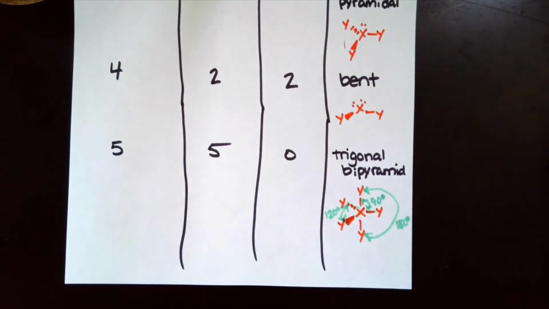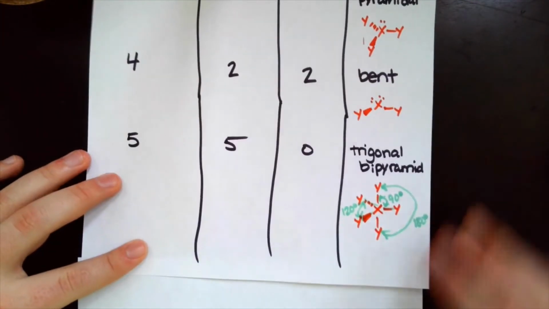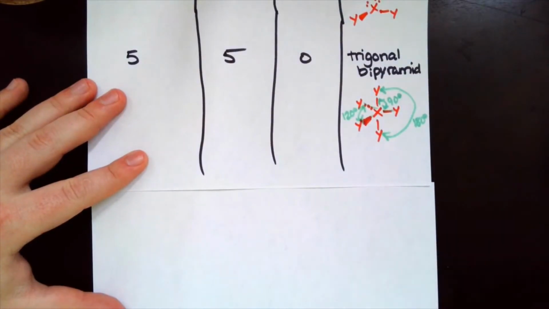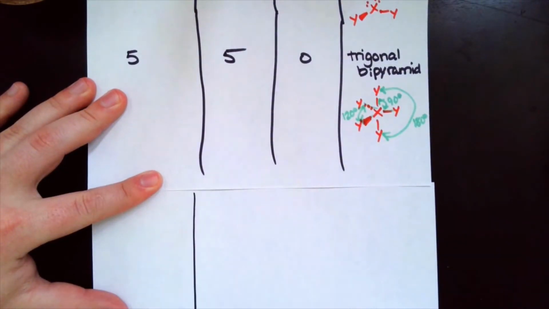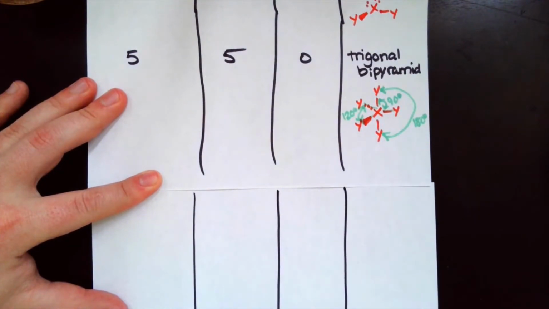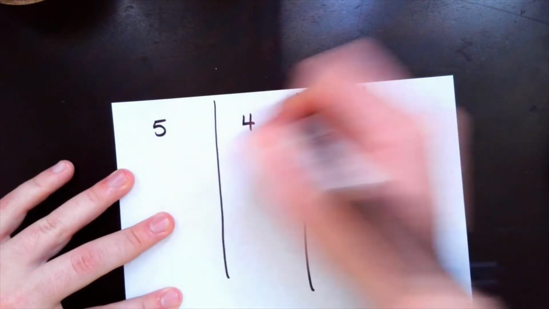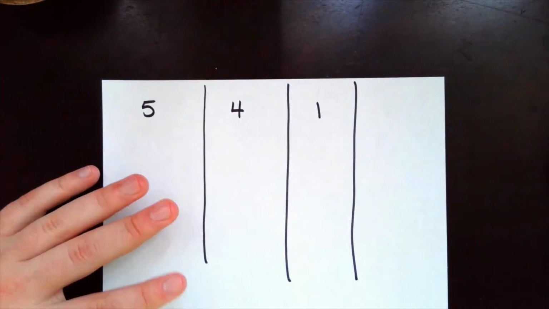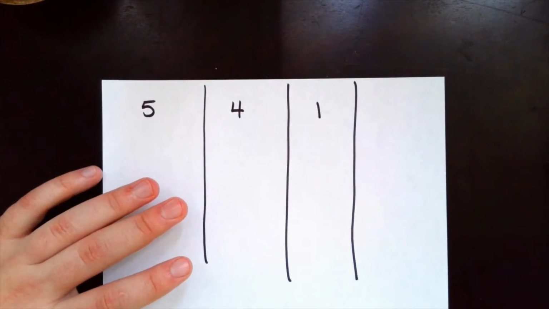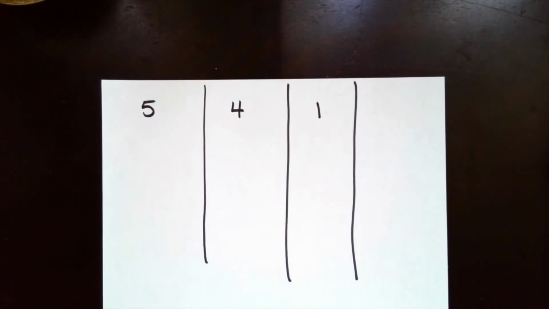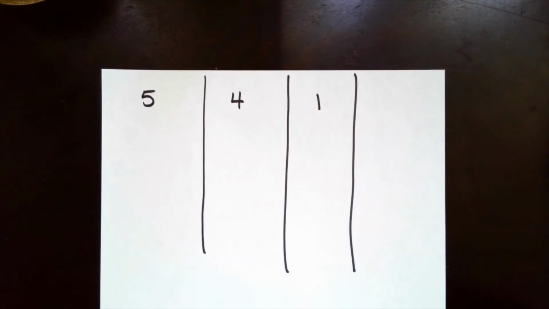All right. So next, let me bring out another piece of paper now. I'll keep this going here. So our next one would be 5 domains with 4 bonds and 1 lone pair. So what that is going to be called is seesaw. Sometimes you'll hear it referred to as sawhorse, but most of the time it's seesaw, and yes, that actually is the technical name for the molecular geometry.